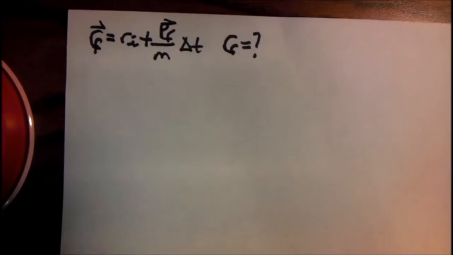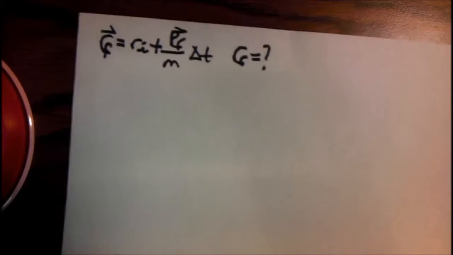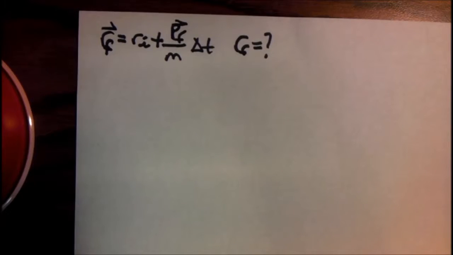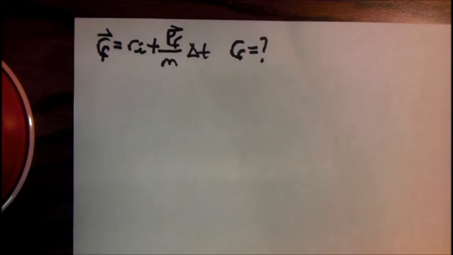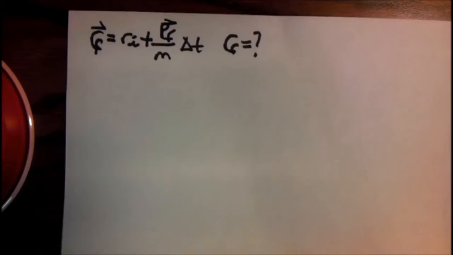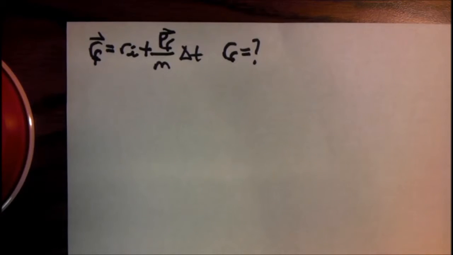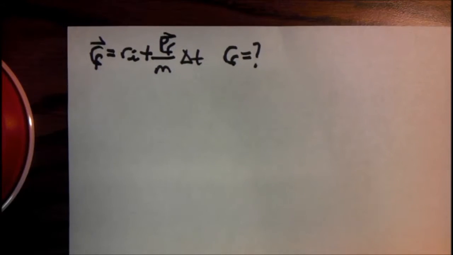Third part of question 4 asks us to find the updated position after delta t seconds. So we can assume the change in time is small, so the average velocity is approximately equal to the final momentum over the mass.